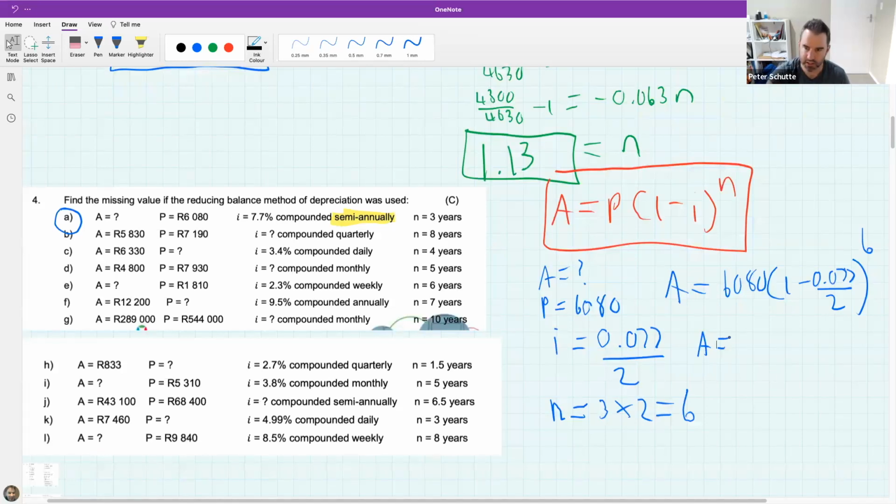What do we think we're going to get for this? If you key it into your calculator, it's going to be less than 6,080. And what I'm getting is that.